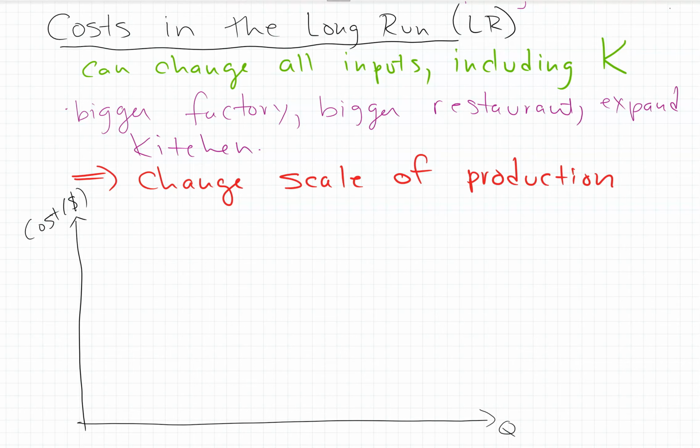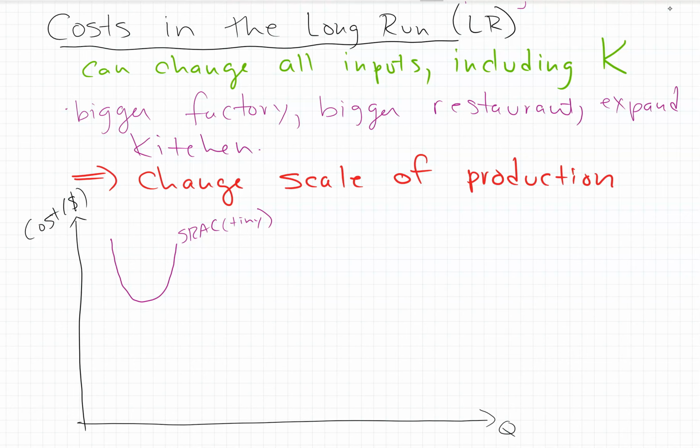So let's suppose you have a tiny little firm, tiny scale. To keep the restaurant idea going, because it's something we all have some basic understanding of, this is the world's tiniest restaurant.